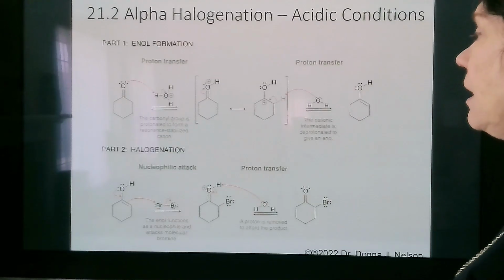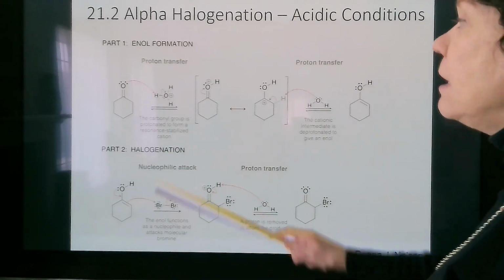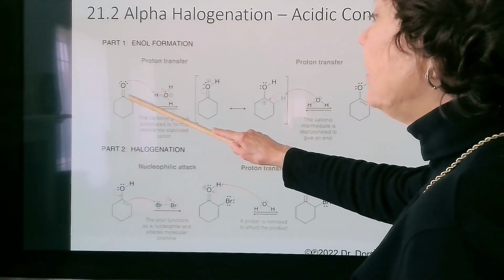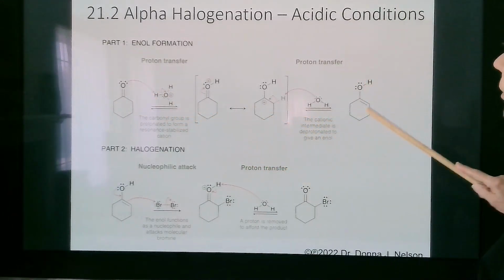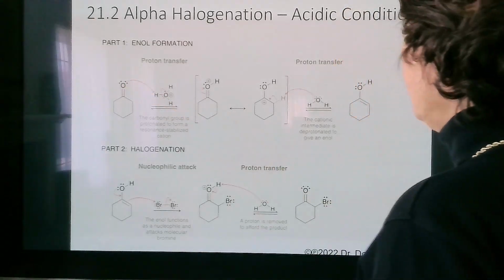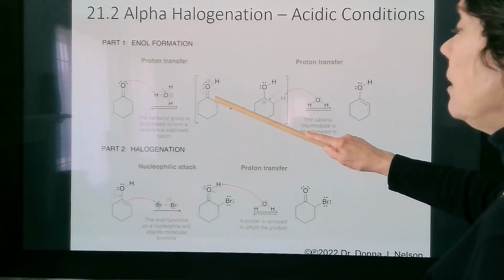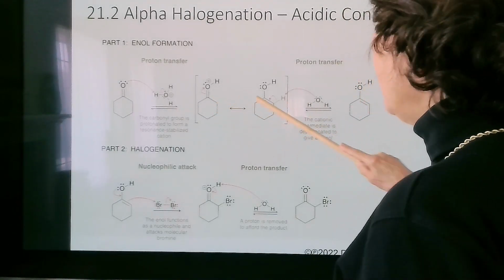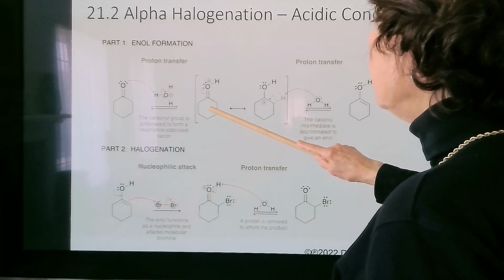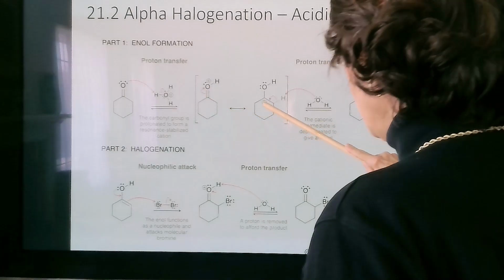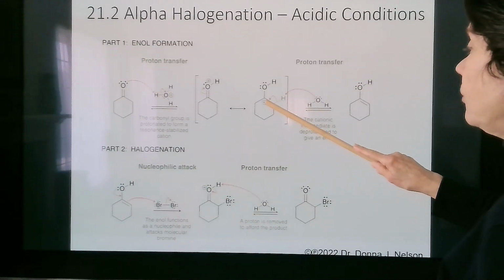So here's the mechanism. You've seen this top step before. This is simply the enol formation where you have proton transfer, you have protonation of the carbonyl, and then you have positive charge formed at the carbon in this resonance structure.